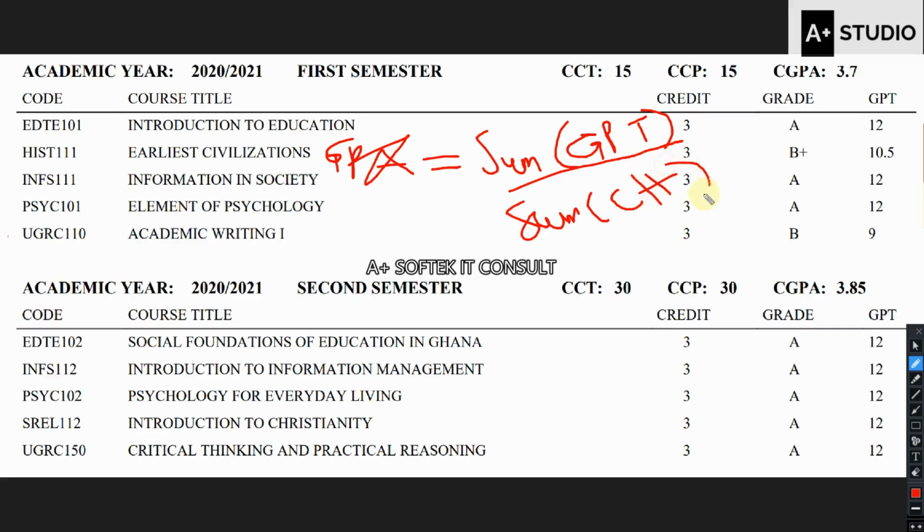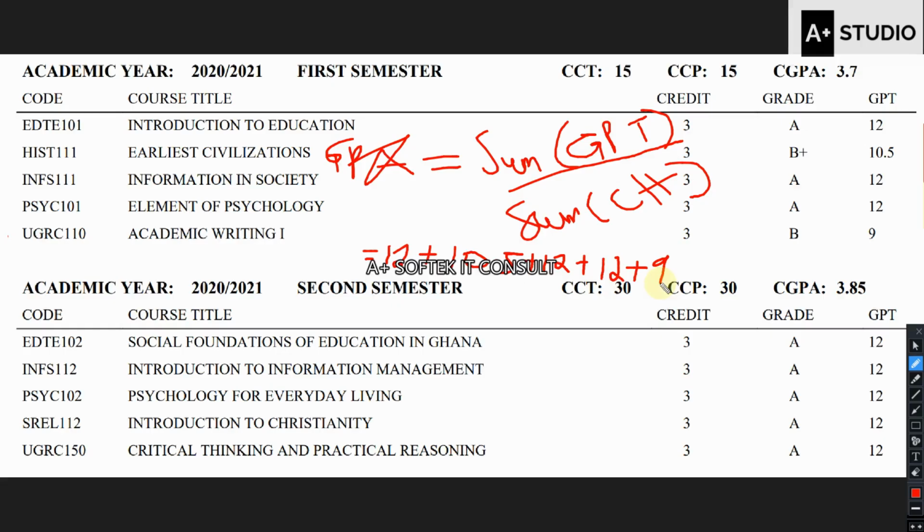So let's take this. Let's add the grade points together: 12, then 10.5, plus 12, plus 12 again, plus 9.